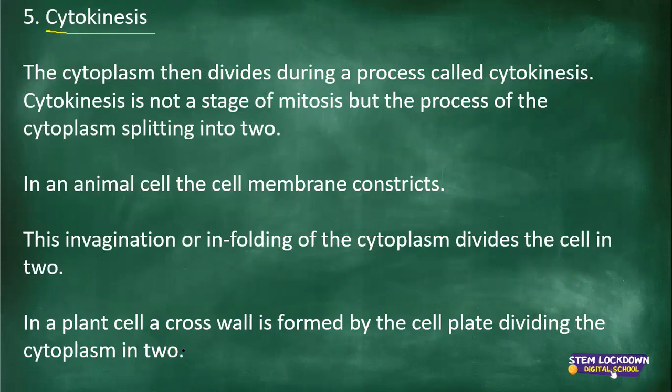What is the cell plate? That plate is the one that develops at the midpoint between these two groups of chromosomes, when the cell divides. Remember when I showed you, it will be clearer when you see it in telophase.